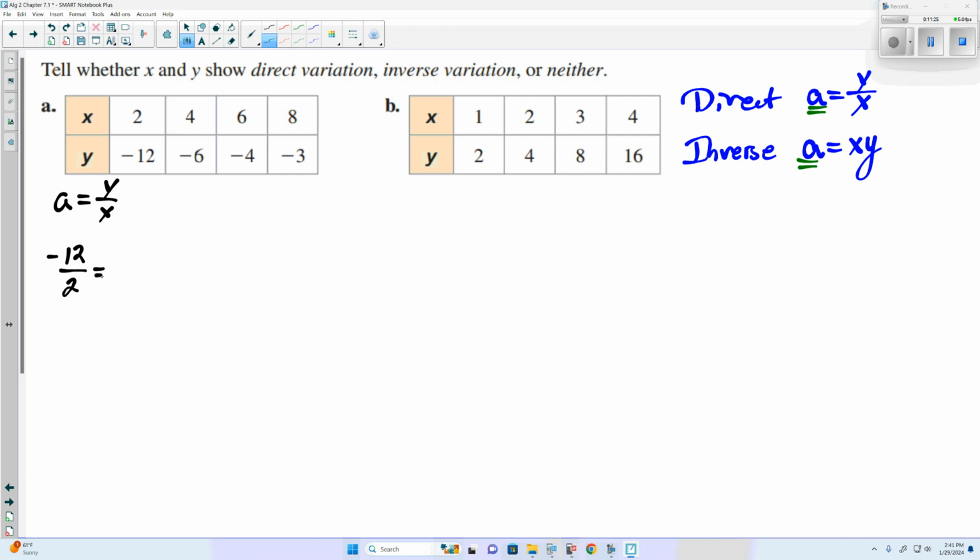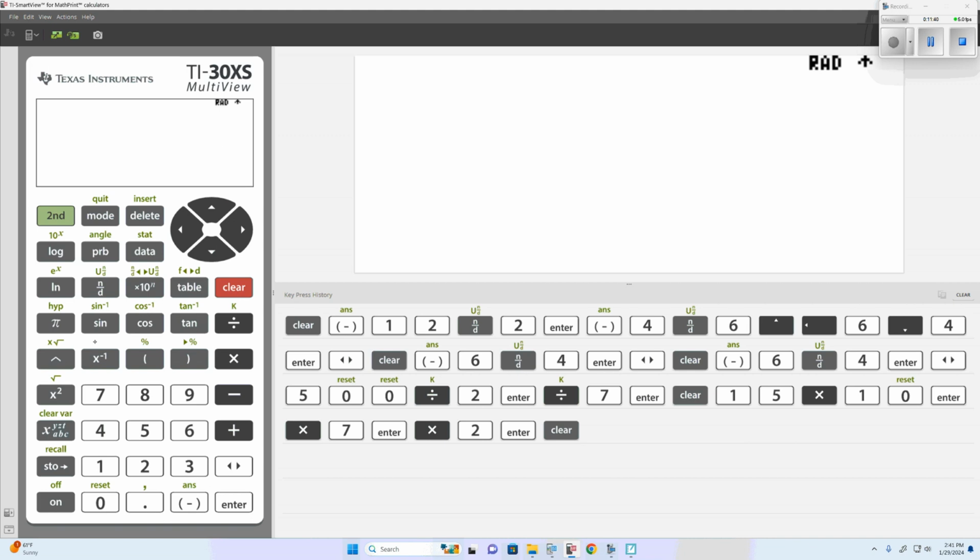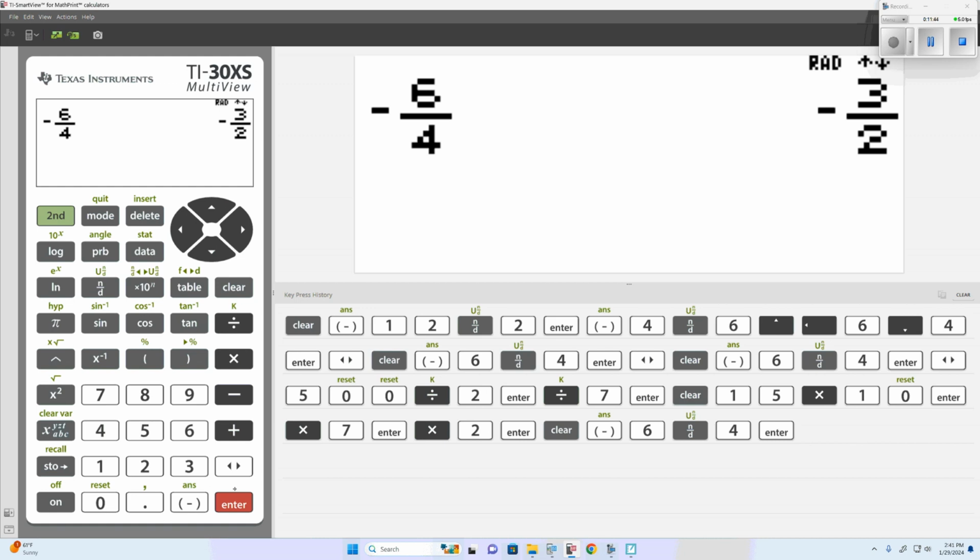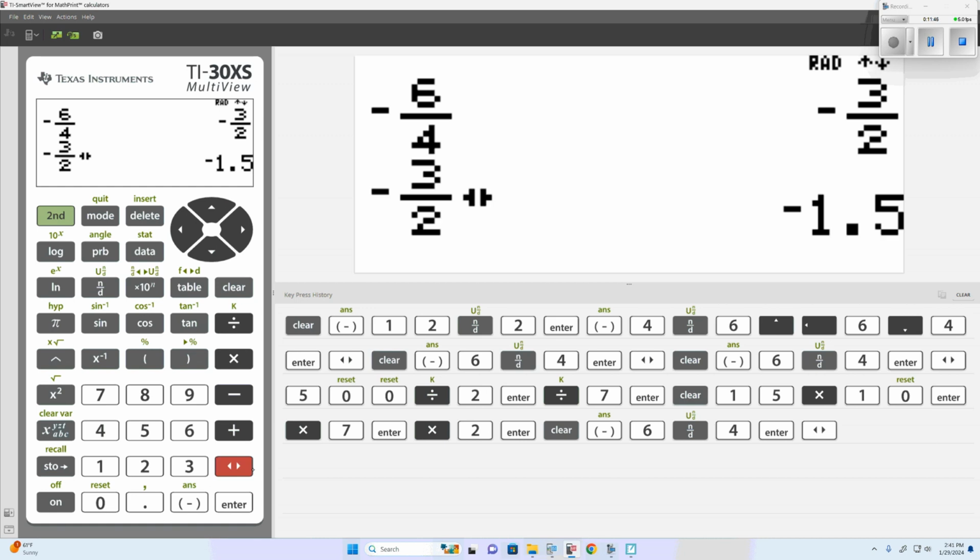So negative 12 over 2 is negative 6. Our next one would be what? Negative 6 over 4 is negative 3 halves or negative 1.5.